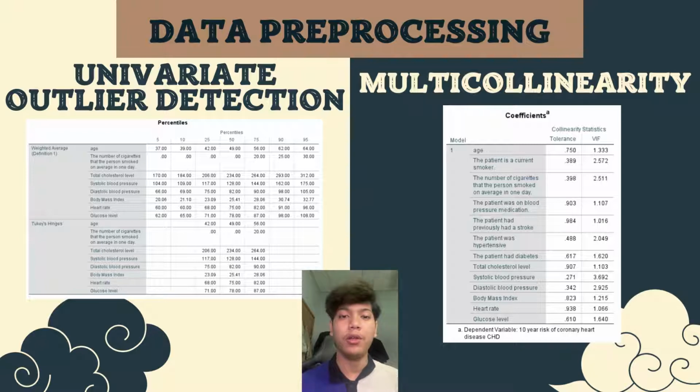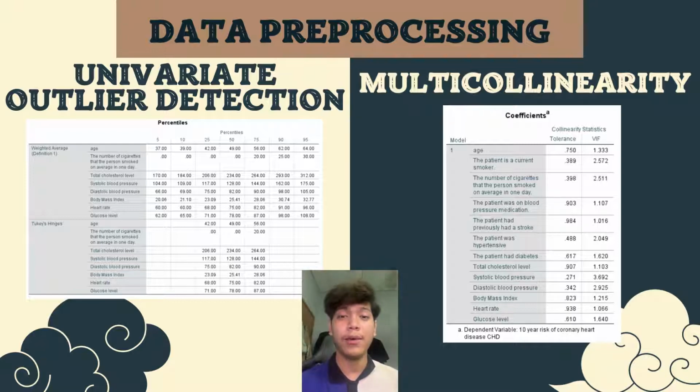For the variable total cholesterol, we have 2, which are 2780 and 995. For the systolic blood pressure, we have only 1, 427. And for BMI, body mass index, observation 2346.